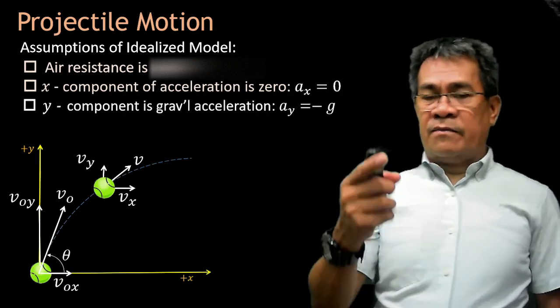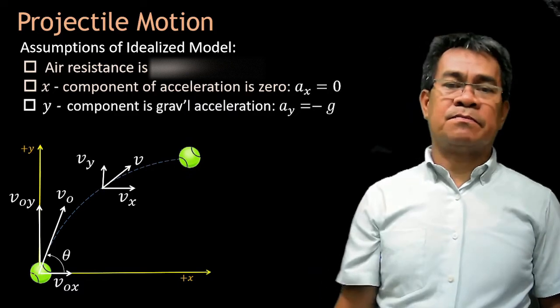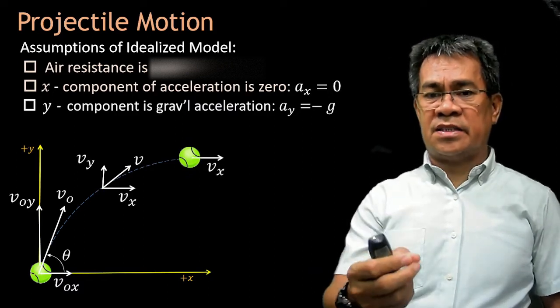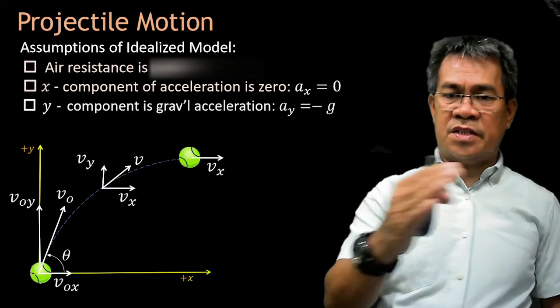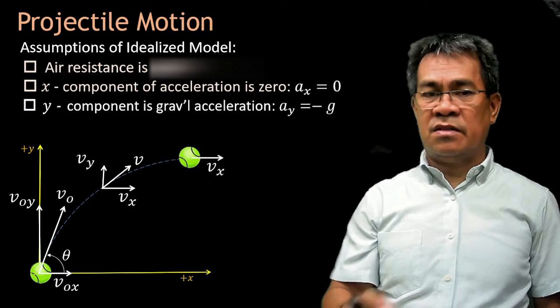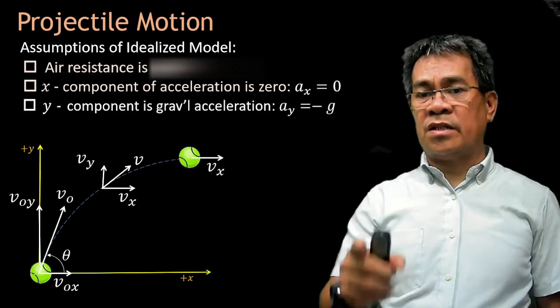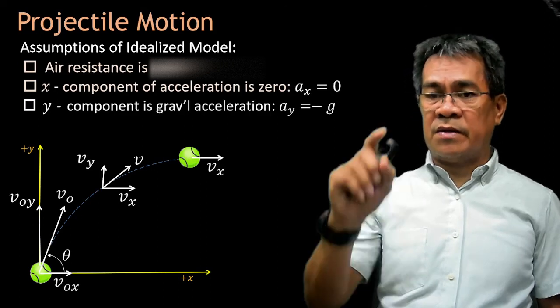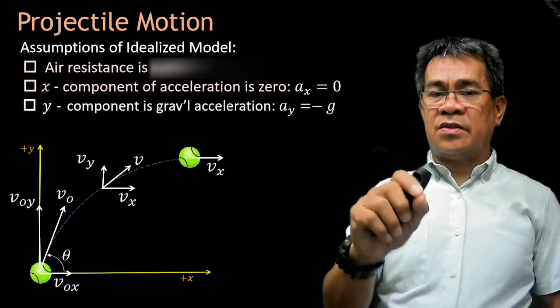Now, if this particle continues to move and reaches the highest point, again the Vx is the same as the initial velocity. There's no change in the x component of velocity. The reason? Because the acceleration is 0. But take note, the y component keeps on reducing from the initial value until 0 at the highest point.